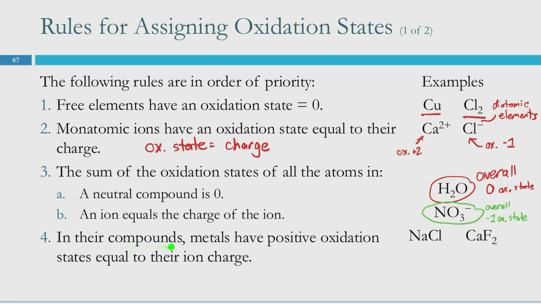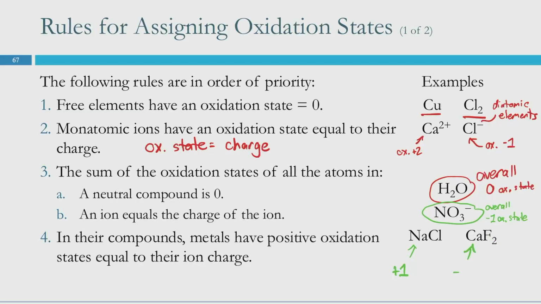When they are in compounds, metals have positive oxidation states equal to their ion charge. So sodium in sodium chloride, sodium is going to have a 1+ charge because it's an ionic compound, and it normally has a 1+ charge. And so it gets a +1 oxidation number. Calcium normally forms a 2+, and that's also what it has here because we've got 2 fluorides on it.